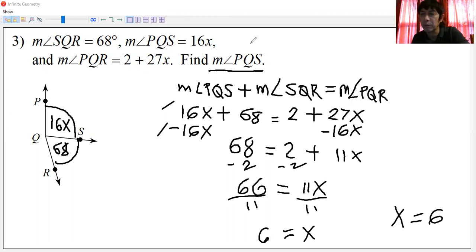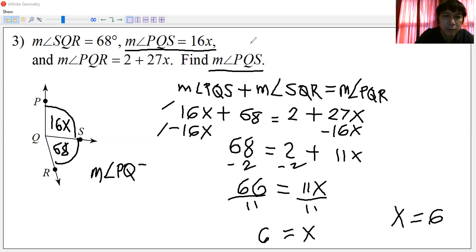It's a 6, but we're not just after the x. We're after the value of some angle, and we're asked to find the measure of PQS. So PQS is 16x. It's over here. There. So we're going to use this formula. The measure of the angle PQS is equal to 16x.